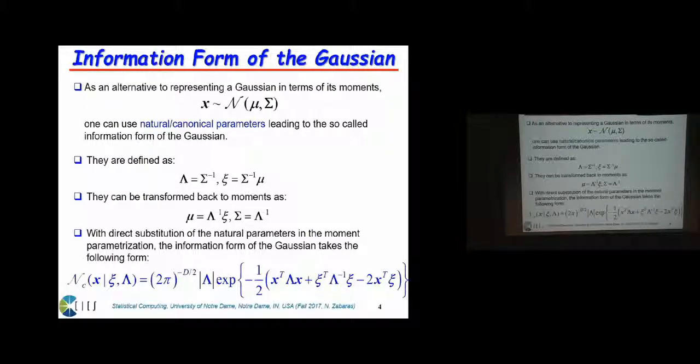One of those calculations will be to revisit and see if conditional and marginal distributions look any easier in information form than the moment parameterization, and of course things such as products of Gaussians that will come often in our course. Can we compute those in an easier way than using the moment parameterization?